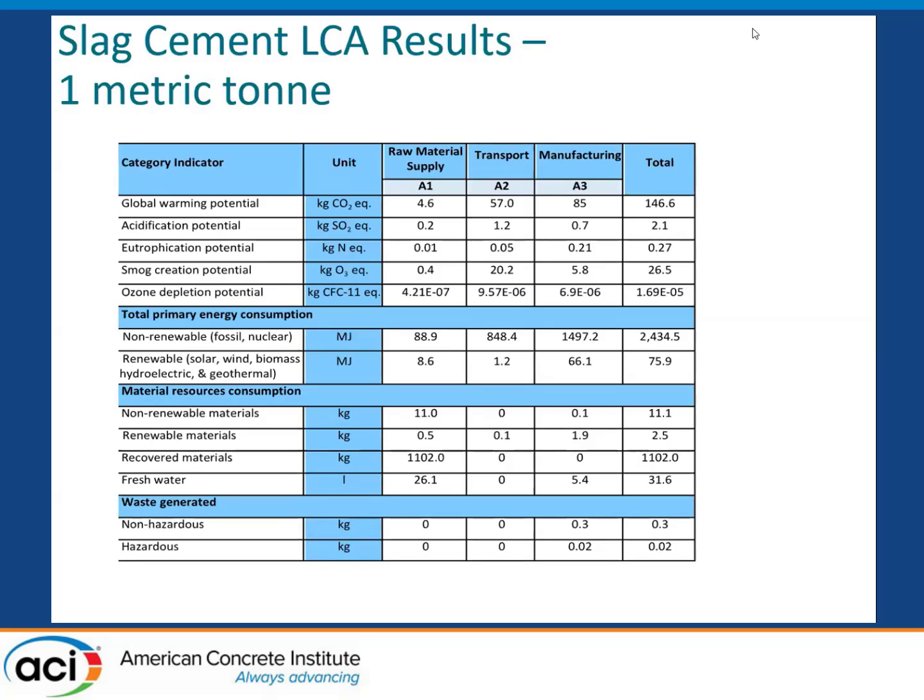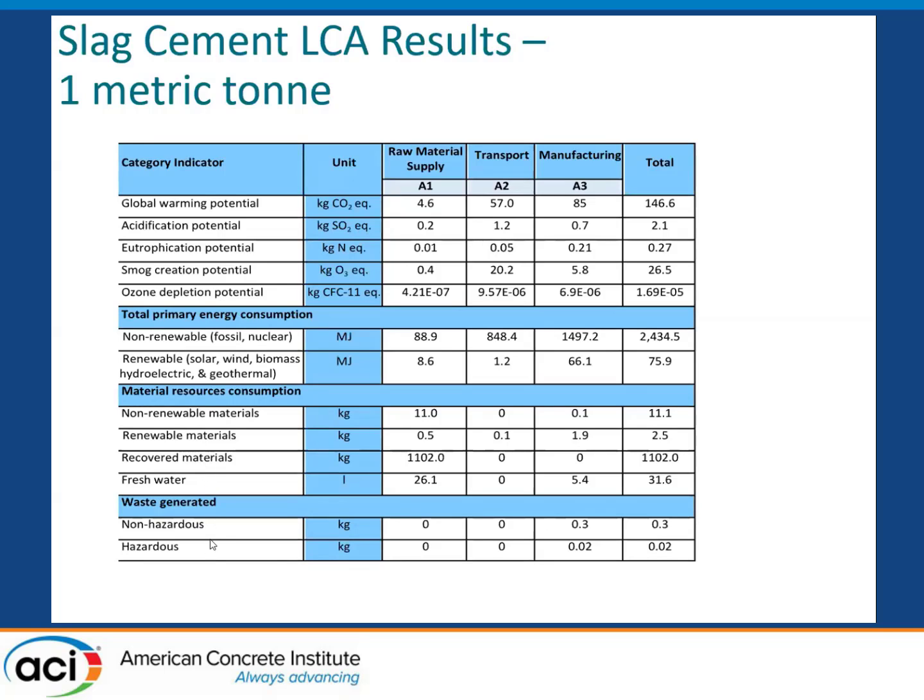But in this case, we can see we have all the impacts, and you're going to see the global warming ones, the category indicators, the energy, whether it was fossil or nuclear, solar, wind, biomass, geothermal. You also will see the material consumption: non-renewable materials, renewable, recovered, and fresh water.